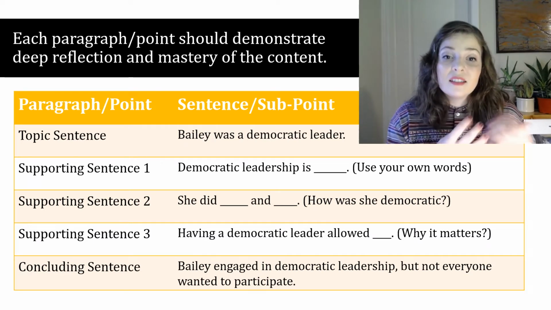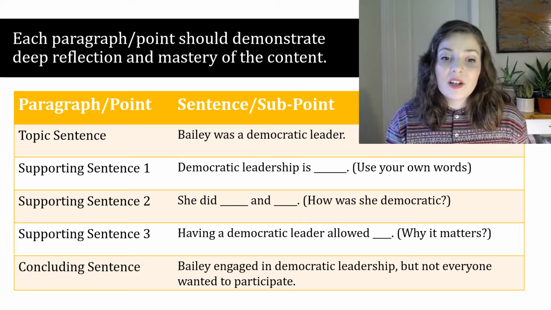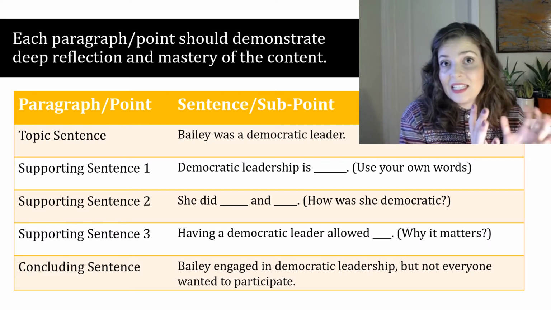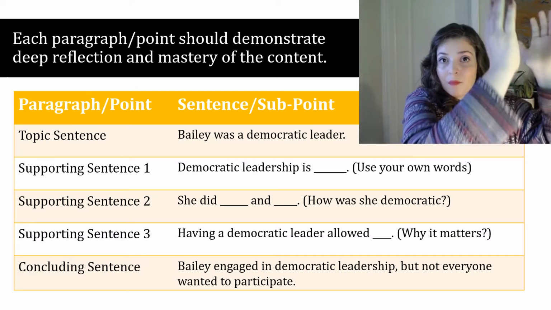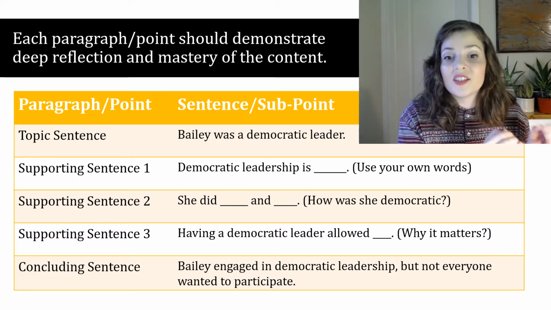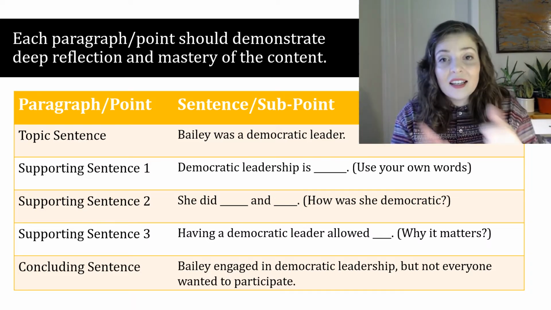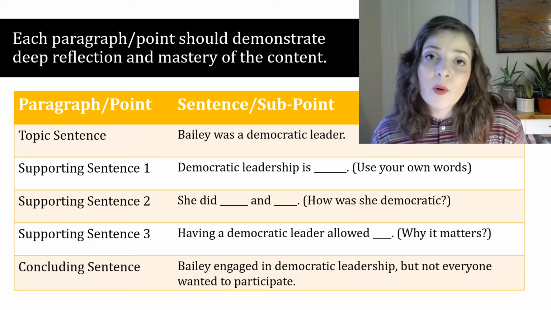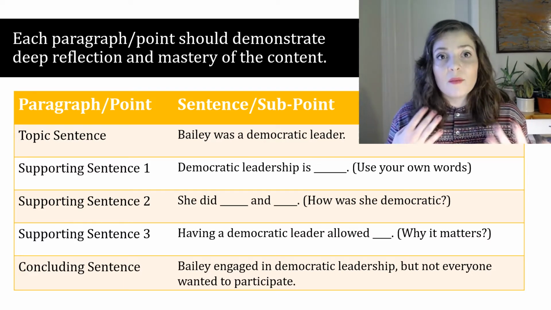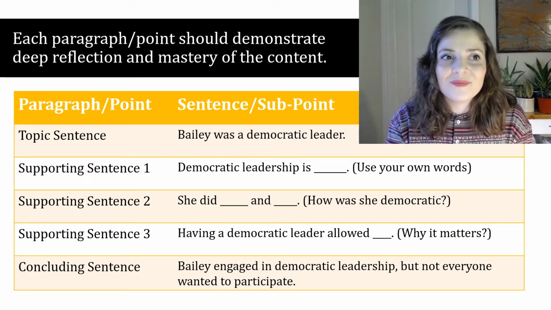Finally, Dr. Benedict engaged in democratic leadership. That is summarizing the paragraph or the main point that you just heard, but not everyone wanted to participate. That is transitioning us to the next main point, which might be about some of the problems that democracy had.